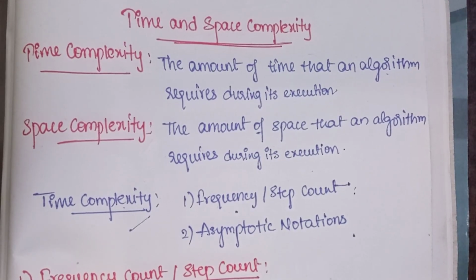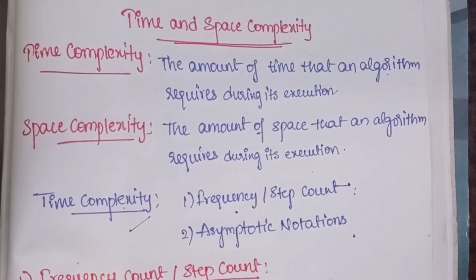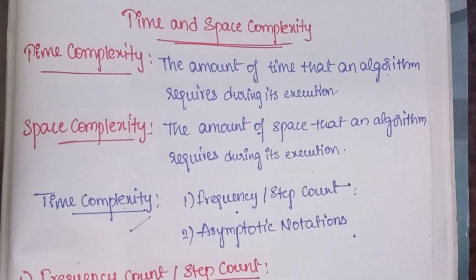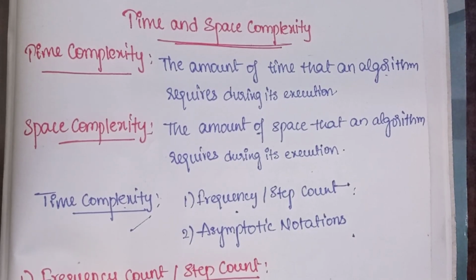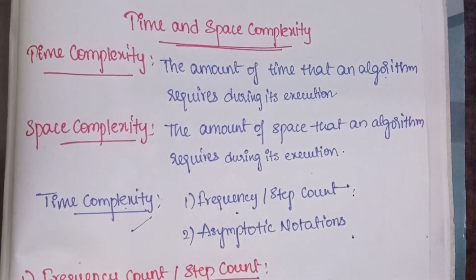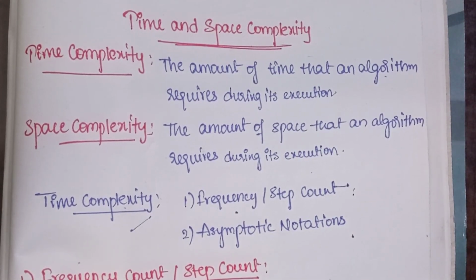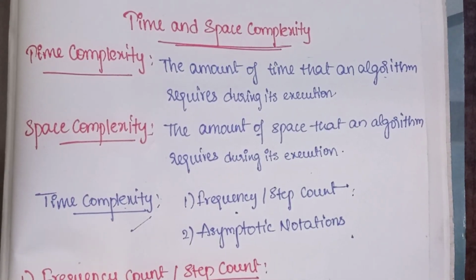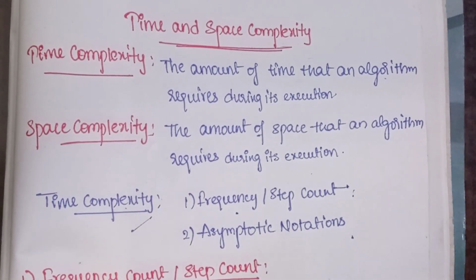Time complexity or space complexity can be found with the help of two methods. The first method is the frequency or step count method, and the second method is the asymptotic notations method. How to find either time complexity or space complexity with the help of the frequency or step count method, I'll tell you in this video.